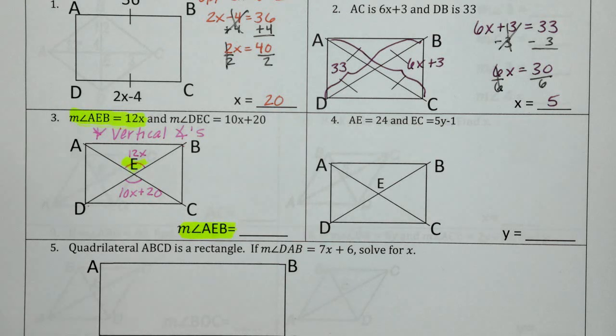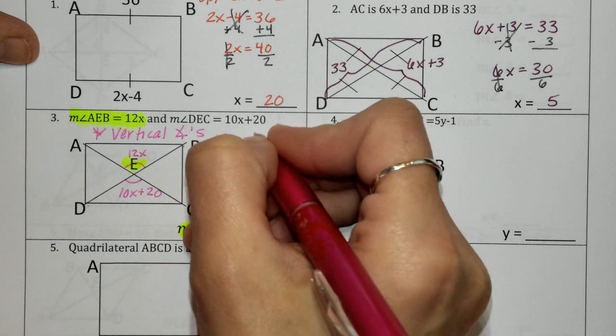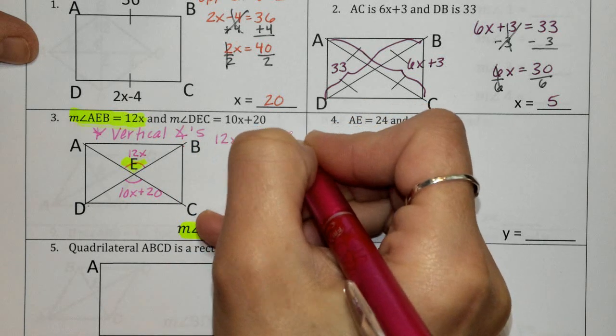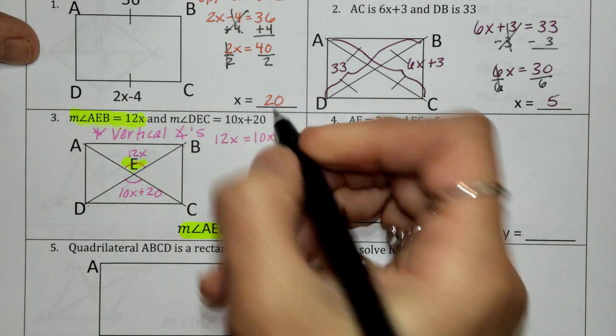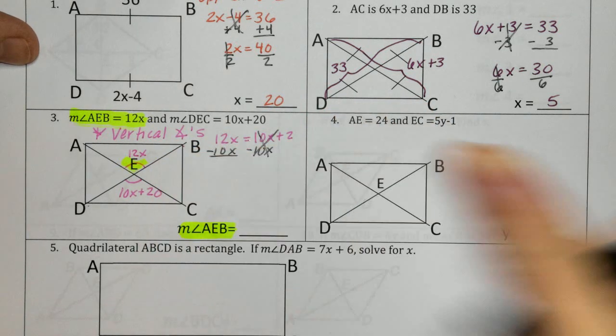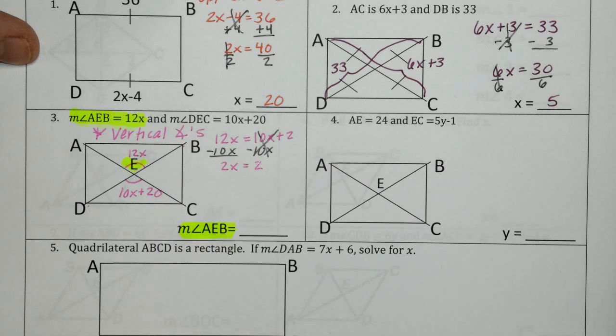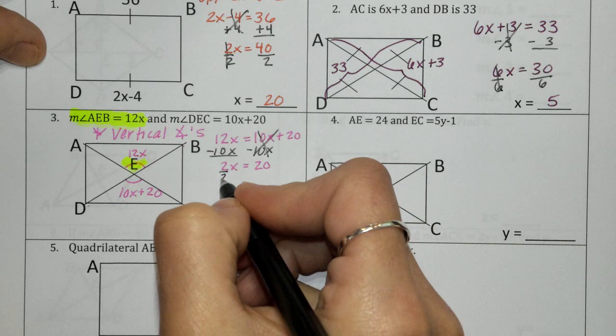So let's go solve first. They are congruent. We set them equal to each other. 12x equals 10x plus 20. Okay, quickly solving. Let's get our x's on one side. We got 2x equals 2. I'm sorry, that is a 20 here. So 2x equals 20. And then divide by that 2.